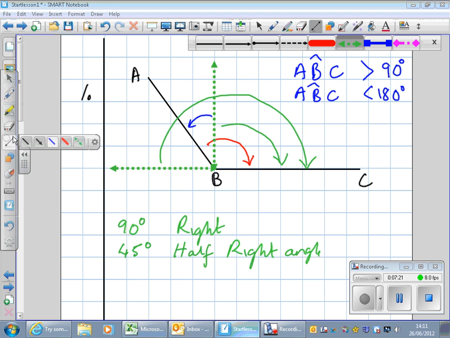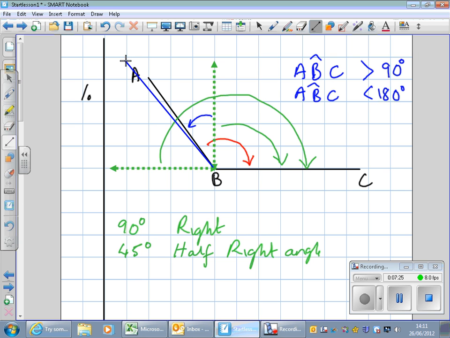Half a right angle would look like, I'm guessing, I'm no expert at this, it's an estimation, about that. In fact, I've got some help here. If I go through the corners of the squares, I know, using my squared paper, you can use any tricks you can, that's 45 degrees.